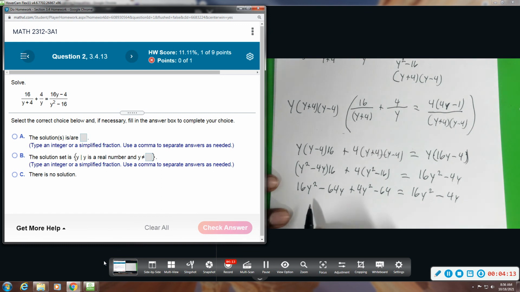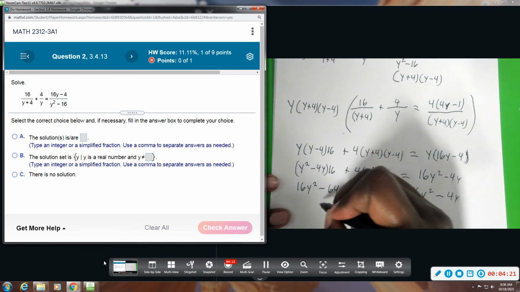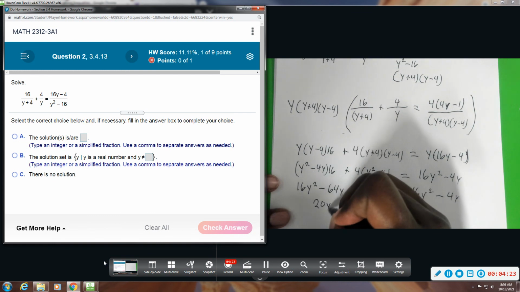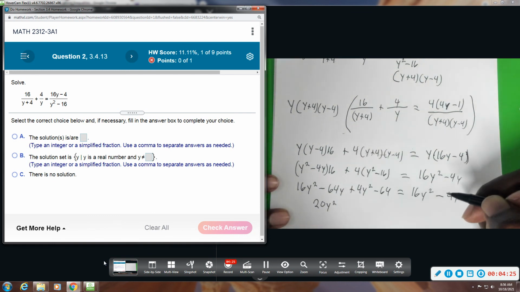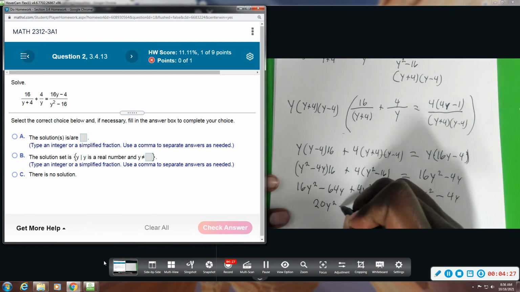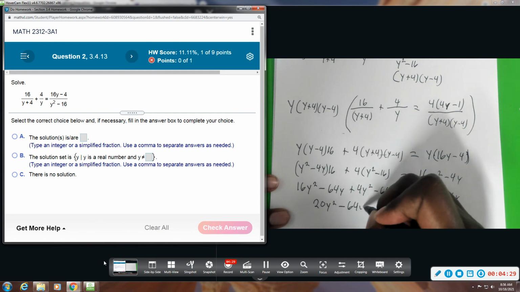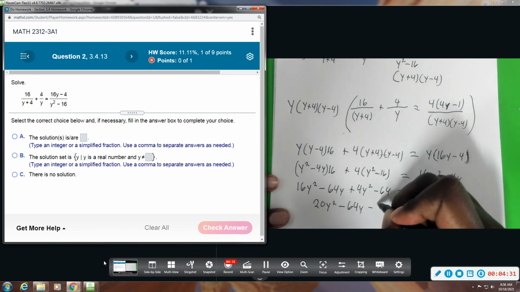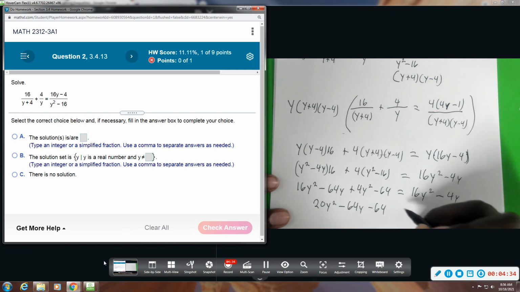Okay, like terms, we have 16y squared and 4y squared. That would give us 20y squared. And then minus 64y, and then minus 64. And then equals 16y squared minus 4y.